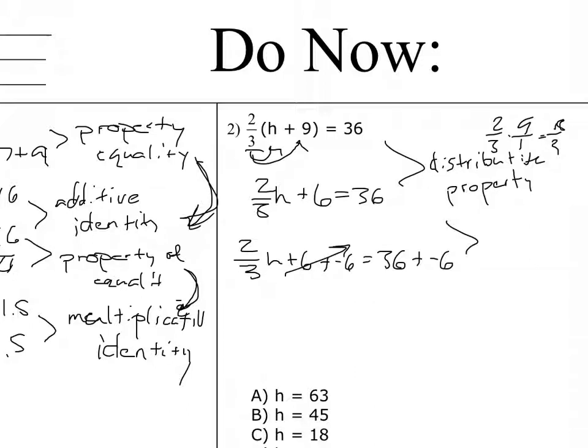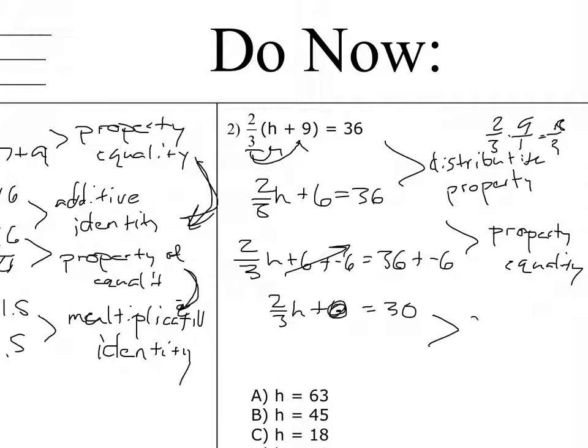We added the same thing to both sides, so again, we have a property of equality. Doing some operation to both sides. It's an inverse operation. So it's going to give me 2/3 h plus 0 is equal to 30. And here we have the additive identity. It tells us that 2/3 h is equal to 30.